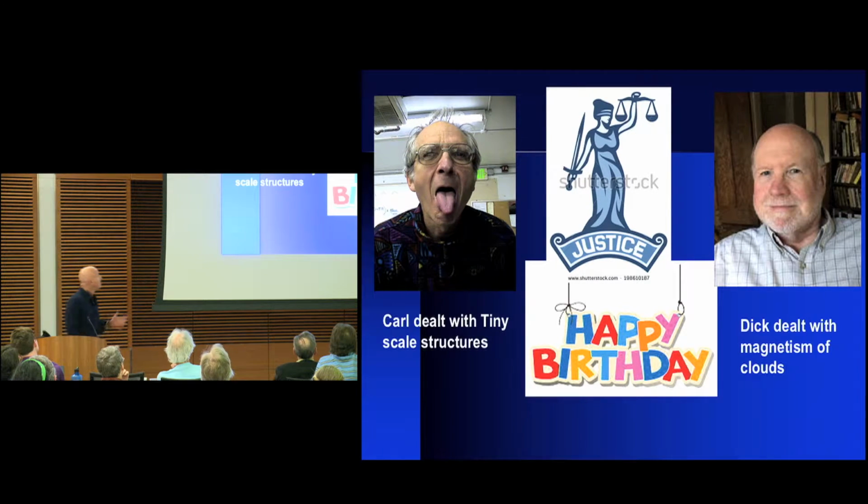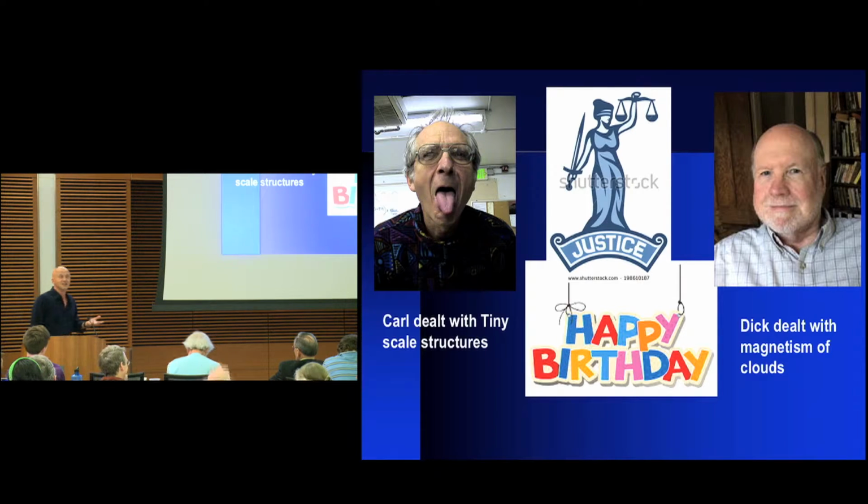So in this case, how to make this justice? We have Carl, who is dealing with tiny structures, and Dick, who is dealing with the magnetization of clouds. How to give, now I have 5 minutes probably left, a talk which would cover all these subjects?